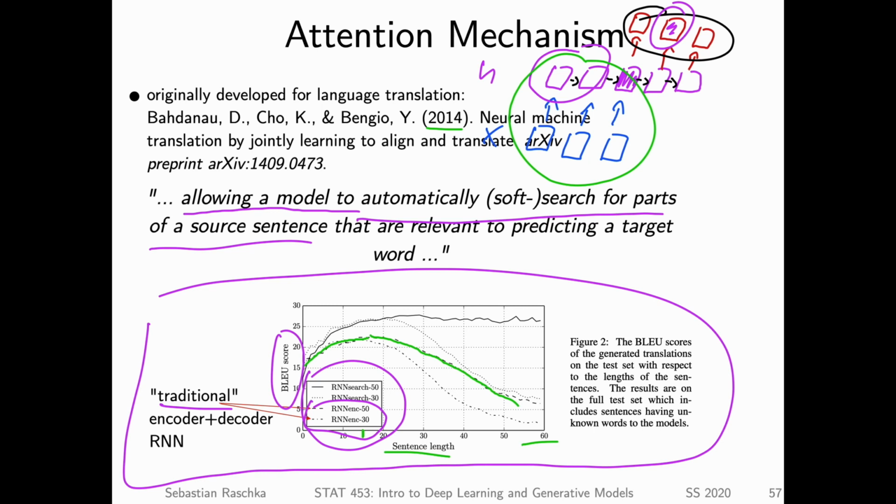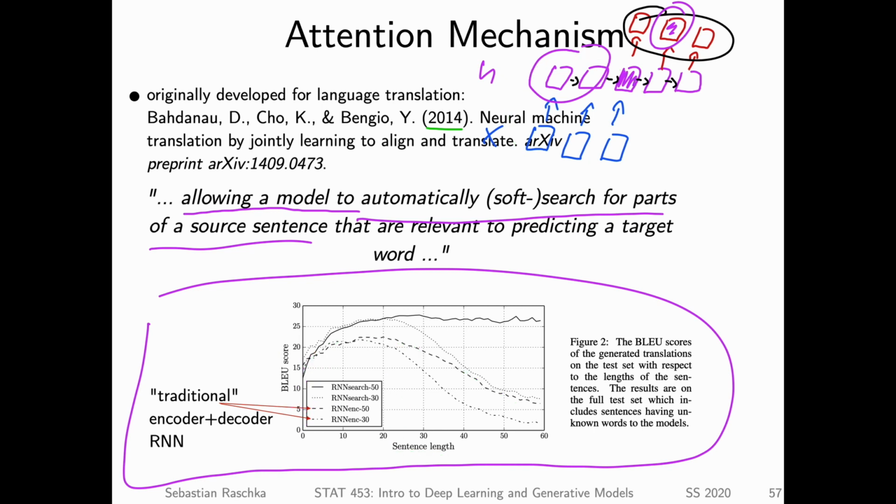If the researchers add the attention mechanism, which they call the search approach, they find that the performance actually improves and it does not degrade.